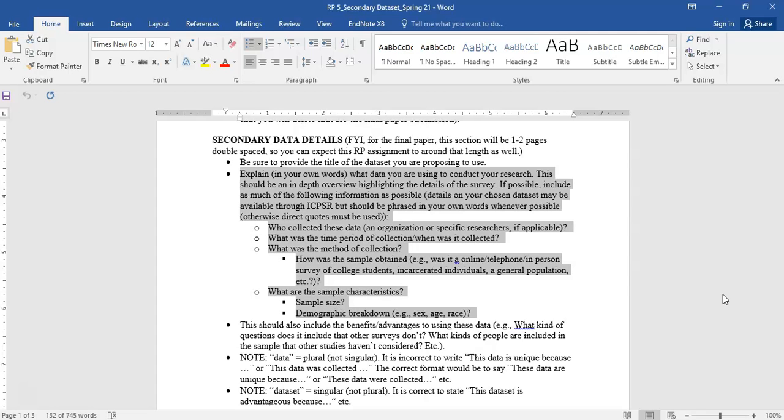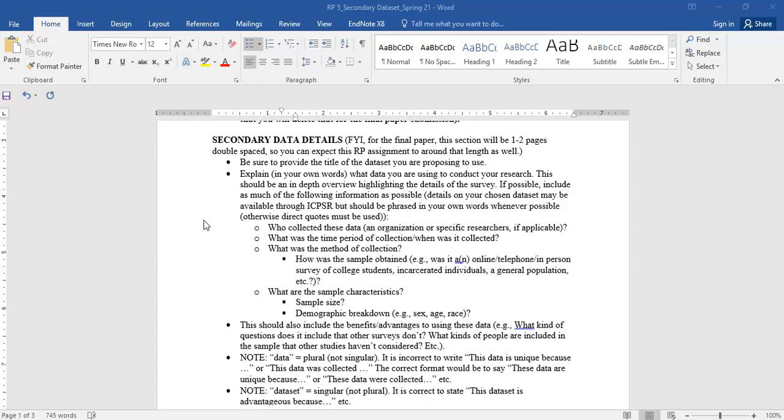So I suggest following along with the information on ICPSR. The main page for the data sets includes an overview of the particular data set. And so that would be the perfect thing to read in depth and then become informed of the study, and then you can summarize that particular information.